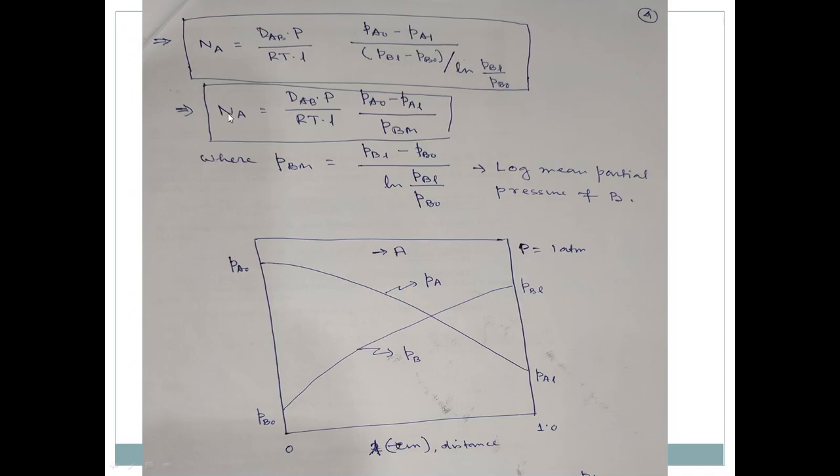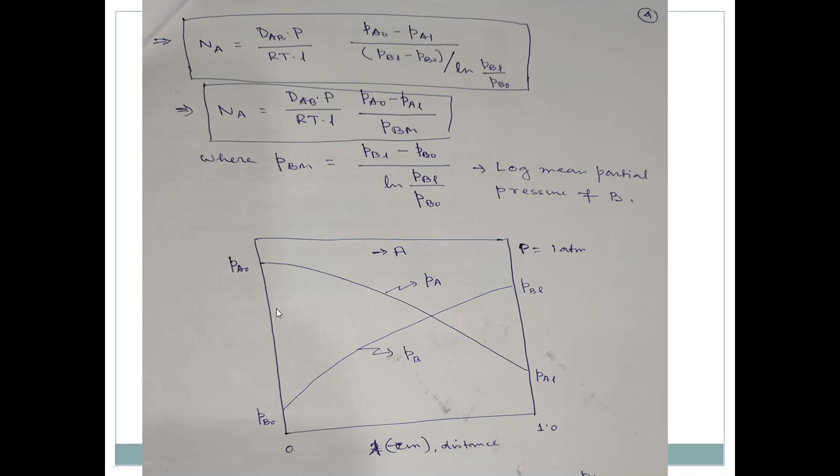So now that flux NA equal to driving force, and this by this, that will be your resistance, or if you want the coefficient, then this by this. So that's why I am expressing the flux equal to driving force by resistance.